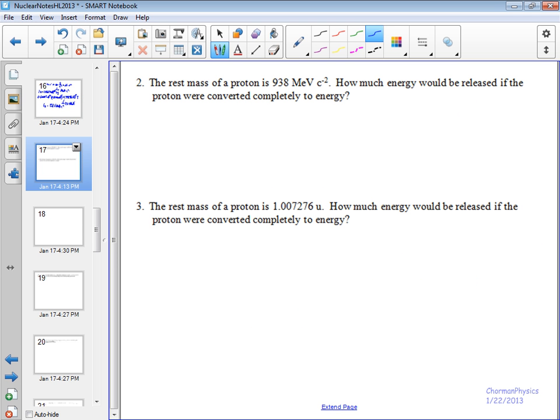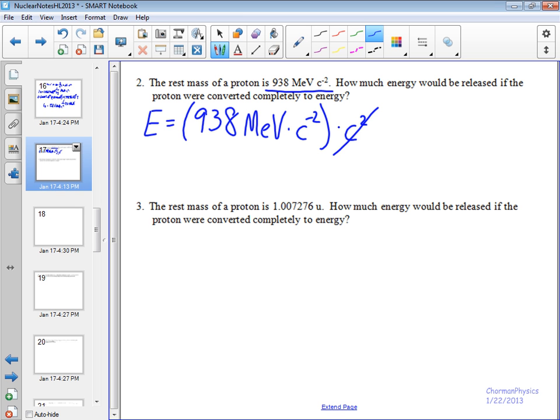So some practice questions with this. The rest mass of a proton is 938 mega electron volts per c squared. How much energy will be released if the proton completely converts to energy? Knowing this, we can just plug it into E equals mc squared, and the nice thing is that our c squared just drops out. We're left with the total energy of that proton. If I gave it to you in unified atomic mass units, this is just a conversion problem.